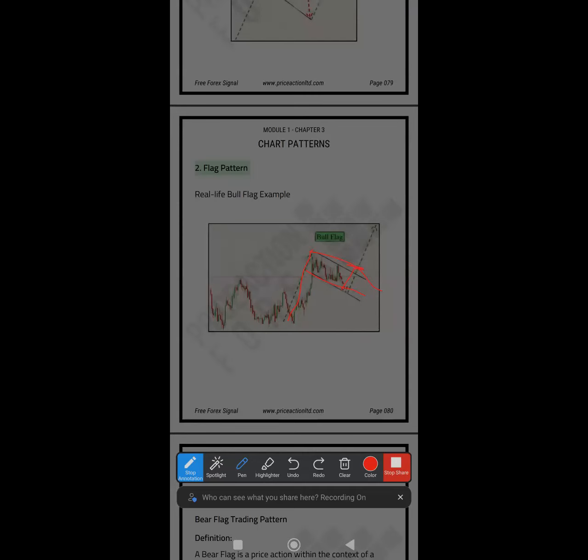And also in the meantime, since you have connected your support with at least two lows, that means you expected that whenever price touches that trend line, price will bounce back. So that's why I said you can buy at the support, after there has been at least two lows which connect your trend line.